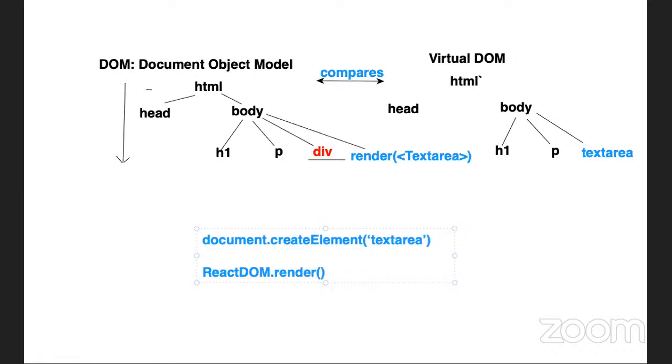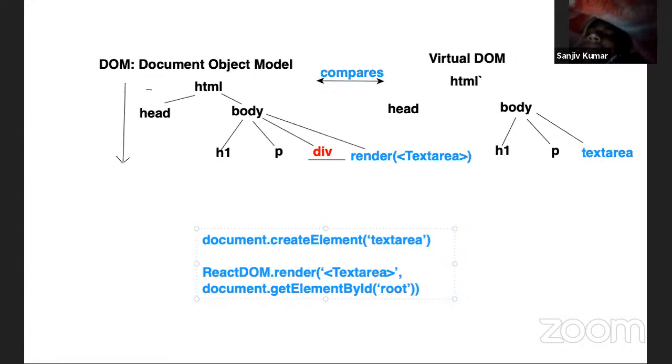Where do I want to render it? We give what we want to render. Let's say I want to render text area, and where do I want to render it? So I say document dot get element by id. Id is basically the attribute, and inside this we say root. Okay, right?